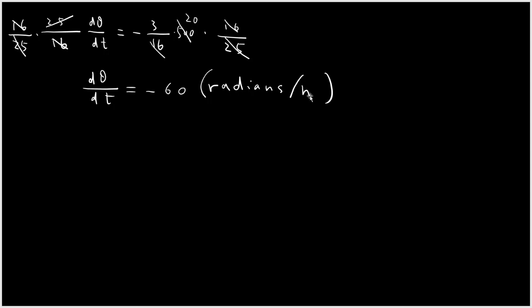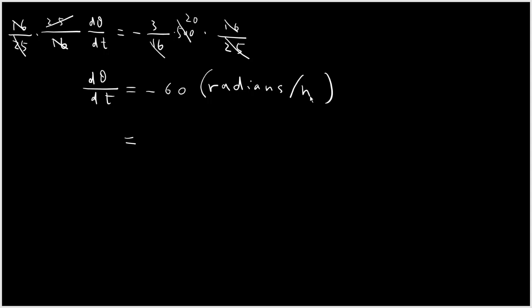In order for the number to make more sense, we're going to convert the unit to how many radians per second. In order to do that, all we need is to divide this number by 3600, because there are 3600 seconds in an hour.